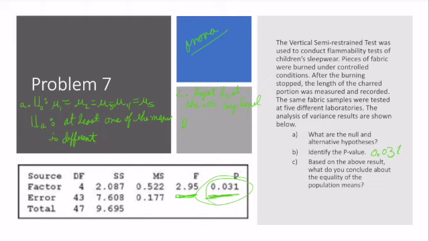Do I reject or not reject my null hypothesis? Well, I don't reject my null hypothesis because 0.031 is greater than 0.01. So I do not reject my null hypothesis at the 0.01 significance level.